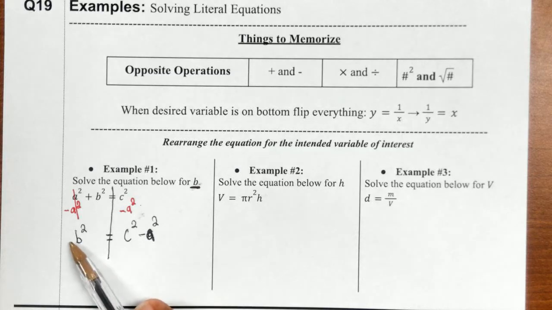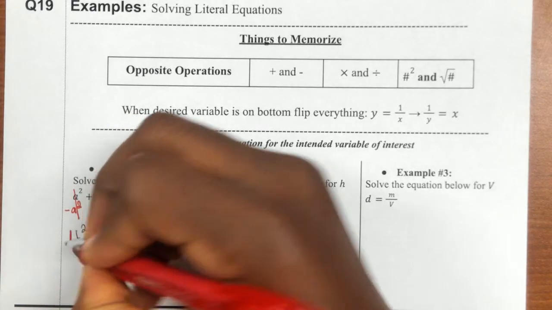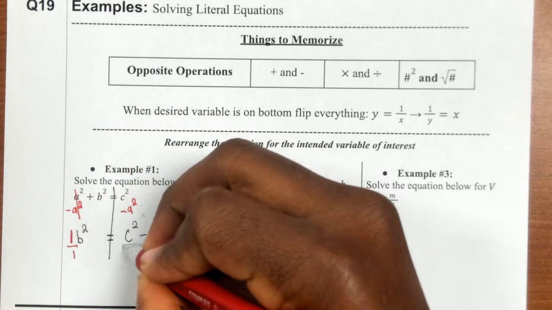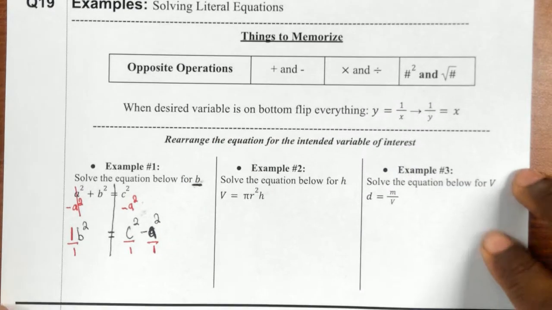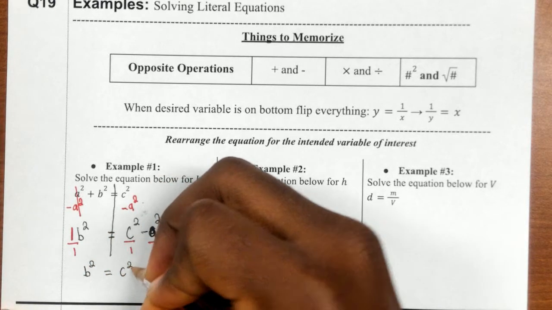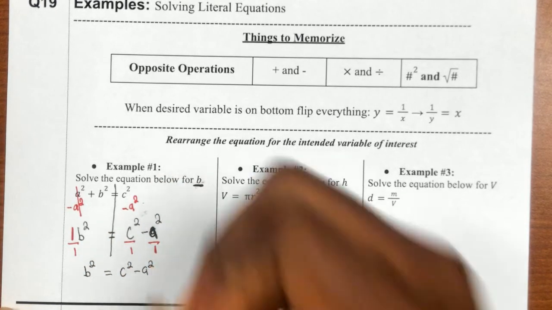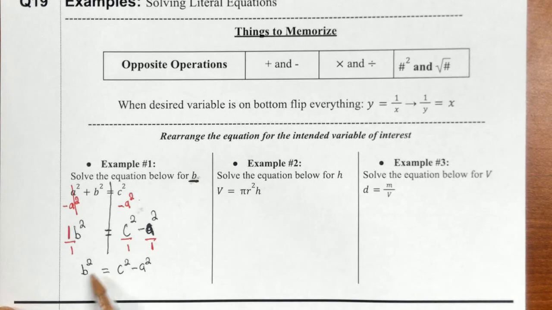Now we need to get rid of the number that's in front of this b, but technically in front of this b is a 1. If I divide by a positive 1, are any of these terms going to change? No, they are not. So I still have b squared equals c squared minus a squared. The only thing I would need to get rid of that's attached to this b is that squared.